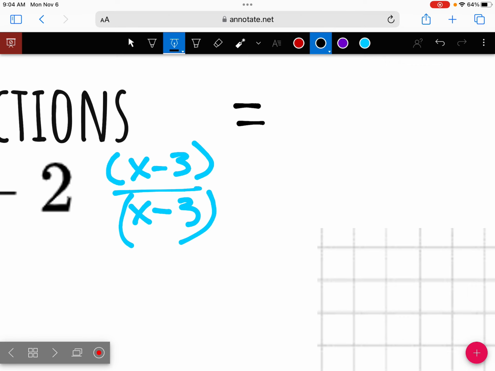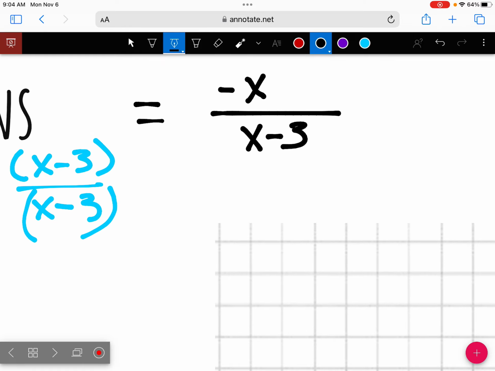So we're going to have x minus 3 in the denominator. And we have minus 2x plus x, giving us minus 1x. Minus 2 times minus 3 gives us plus 6, right? You see it?